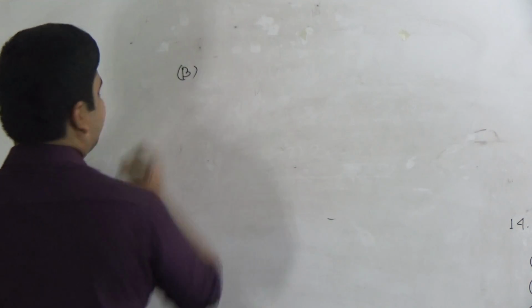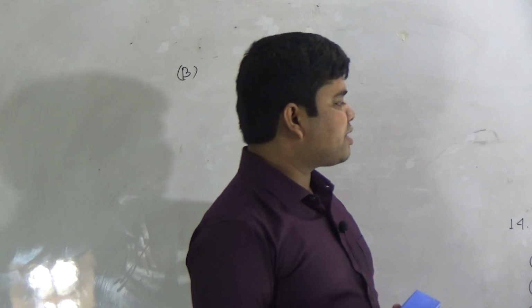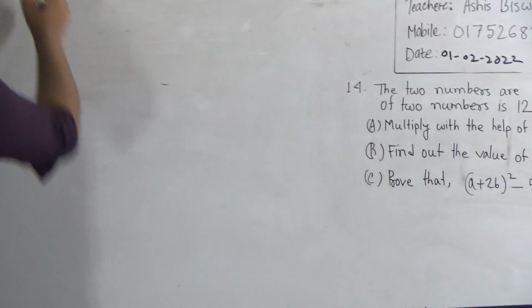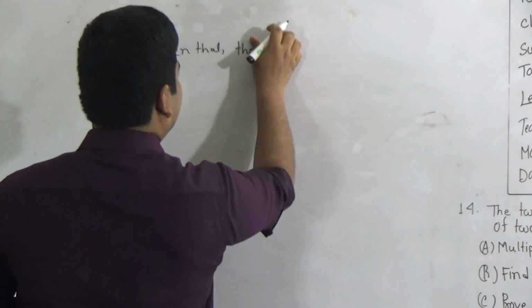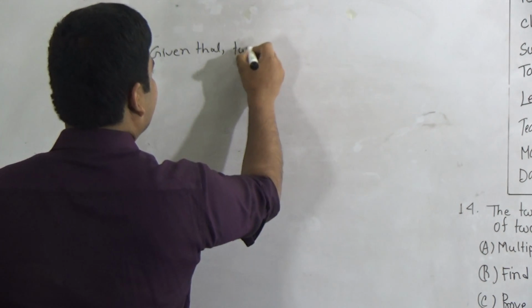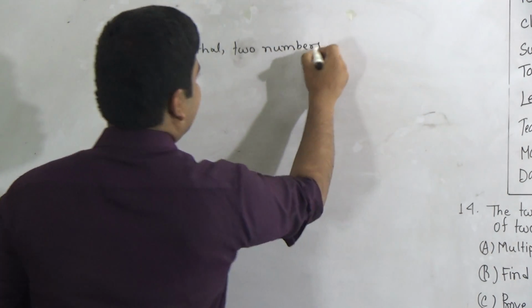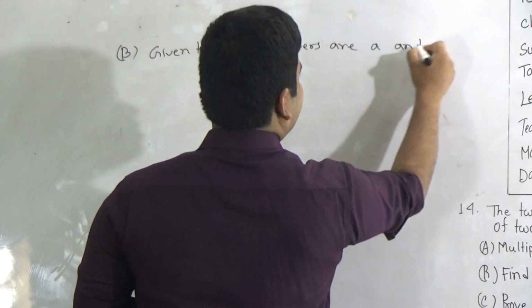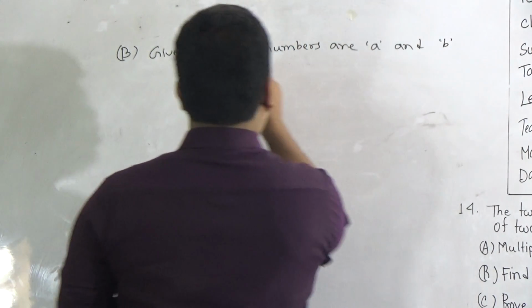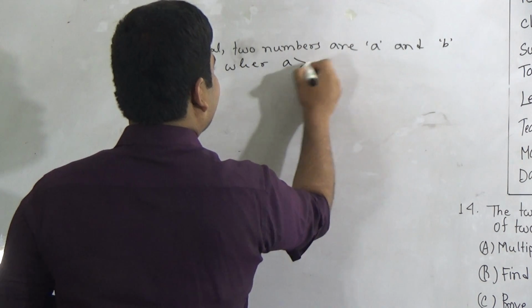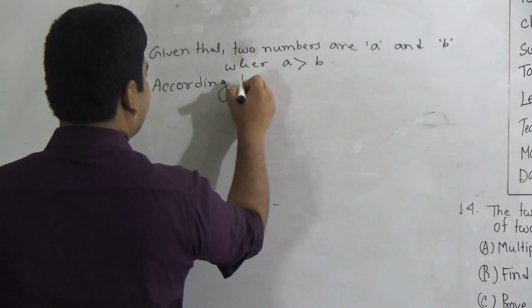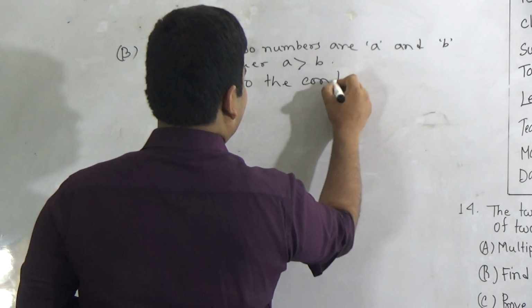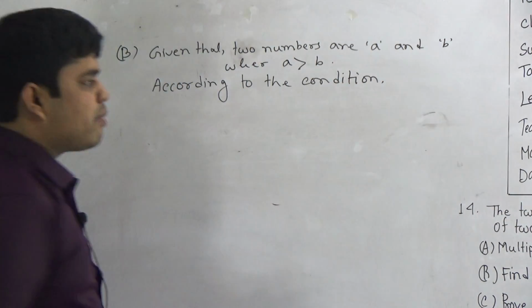So, in order to solve question number B, we need the information stated in the stem, which is the sum of two numbers is 12. First of all, write given that two numbers are A and B, where A greater than B. According to the condition, the sum of two numbers is 12.